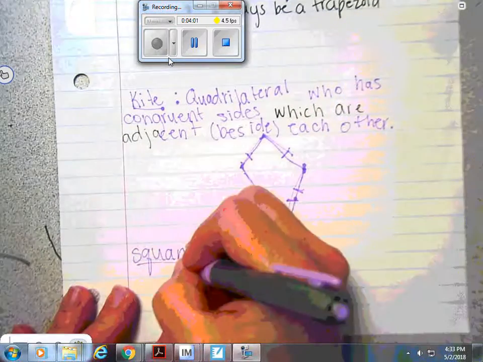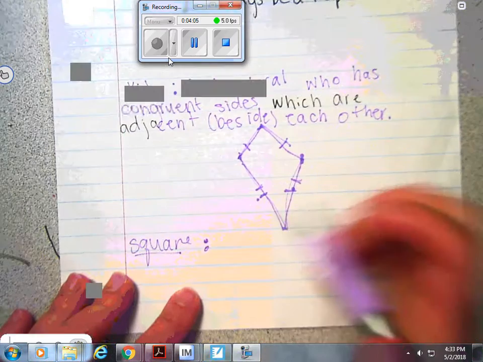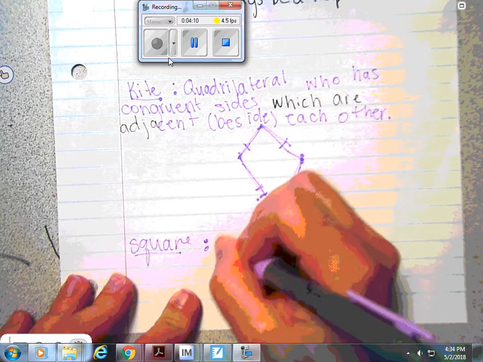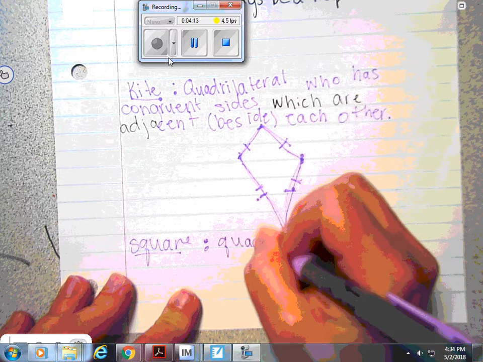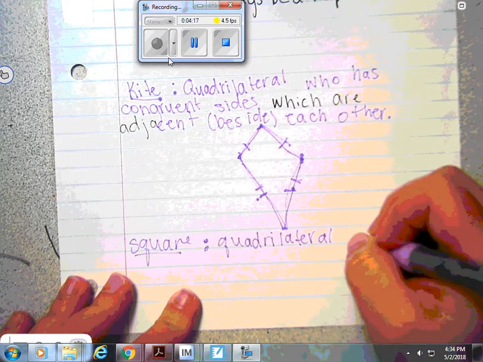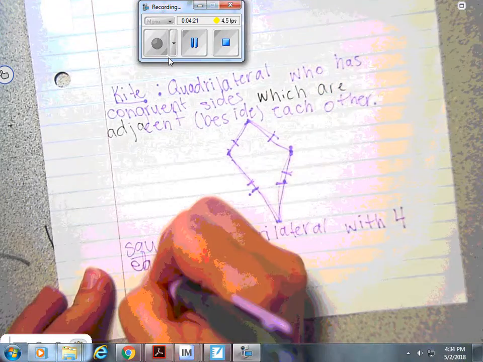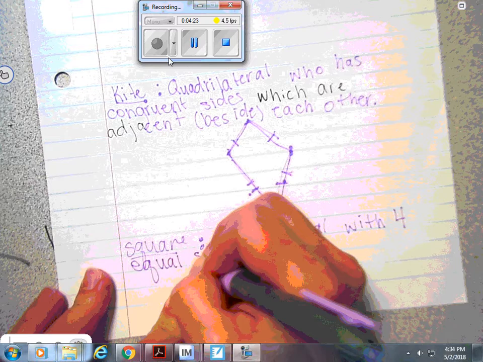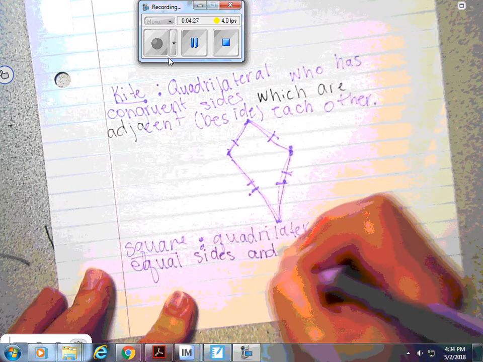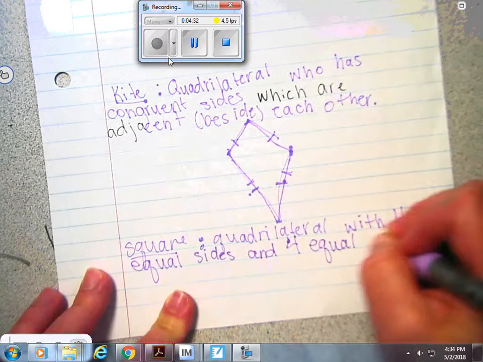Okay, and finally, the last definition that we're going to add to our notebook is a square. And so we know what a square is, but we're going to get the official definition. It is a quadrilateral with 4 equal sides and 4 equal angles.